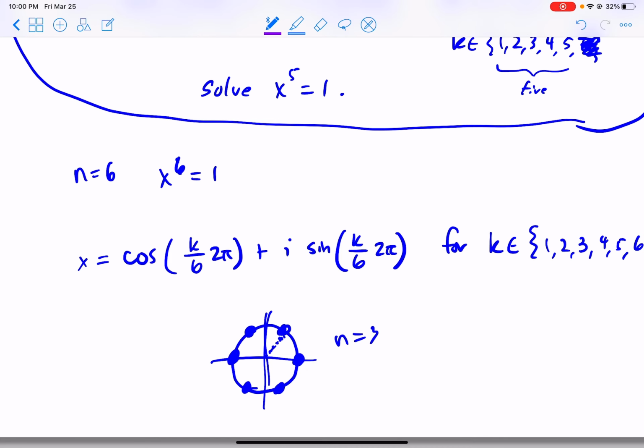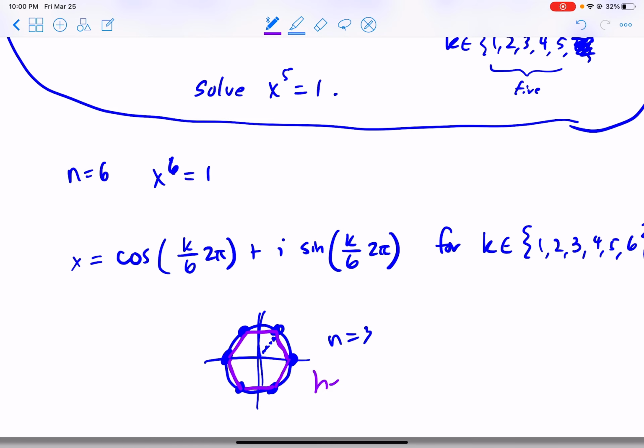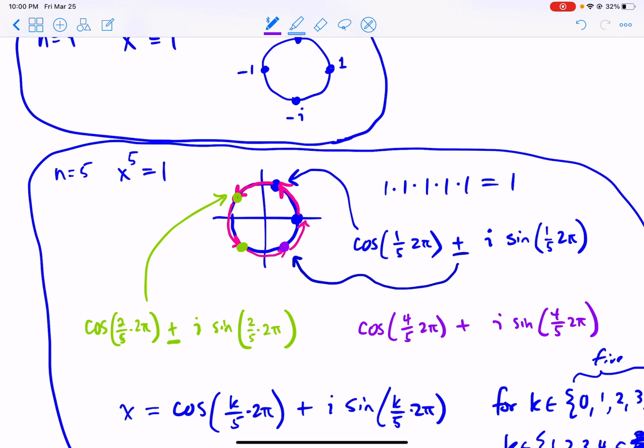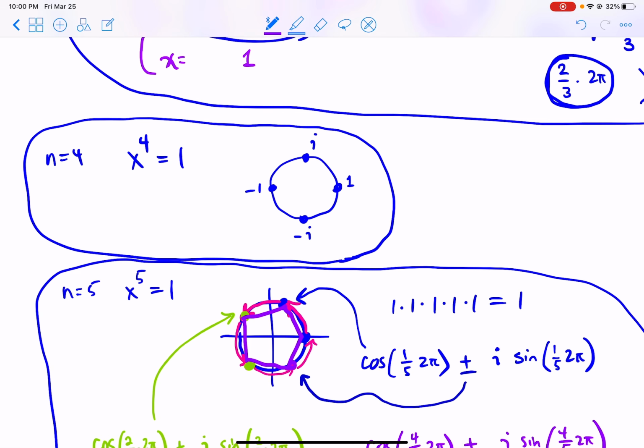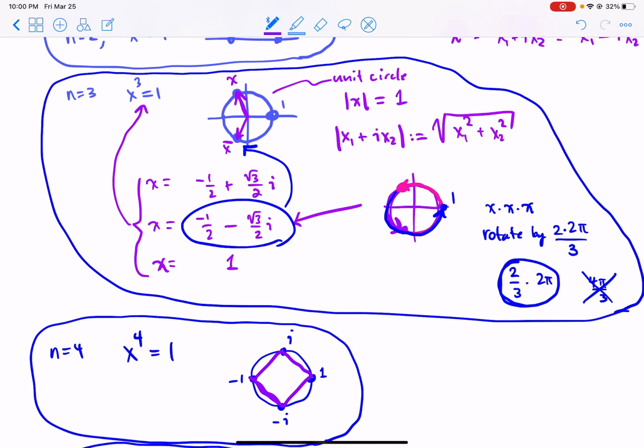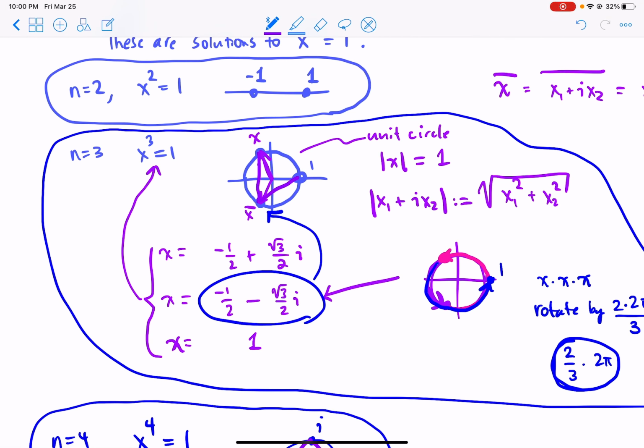And so that's the picture. Now, what you'll notice is that they always form a regular polygon. So that's a hexagon. And this is a pentagon. And this is a quadragon, also called a square. And this is a triagon, called a triangle.